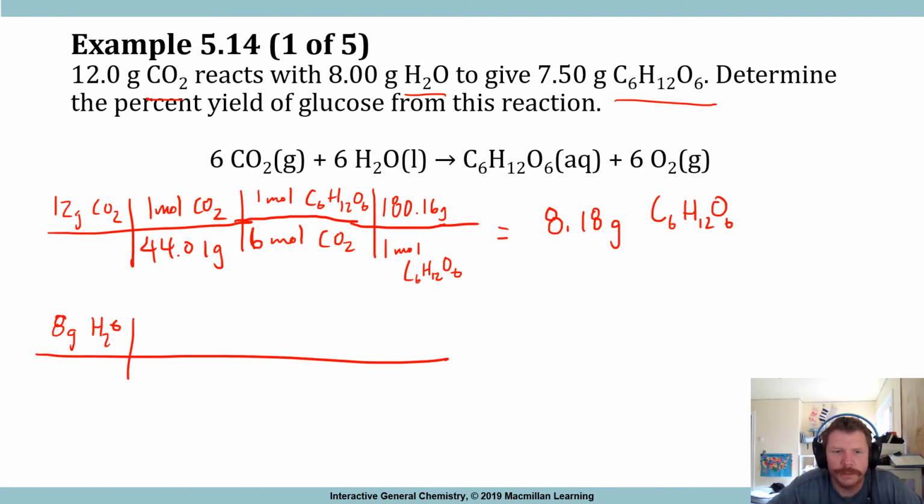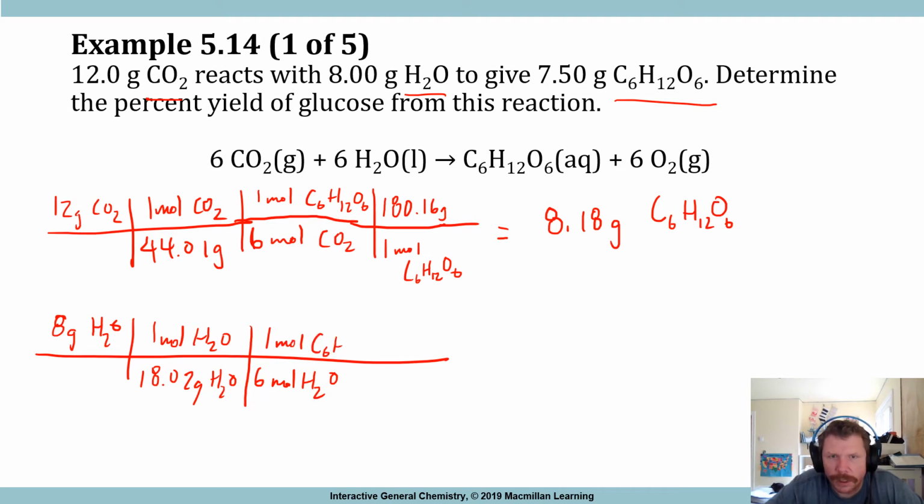I'm going to set this up the exact same way. 18.02 grams of H2O will give me 1 mole of H2O. Now, 6 moles of H2O gives me 1 mole C6H12O6.